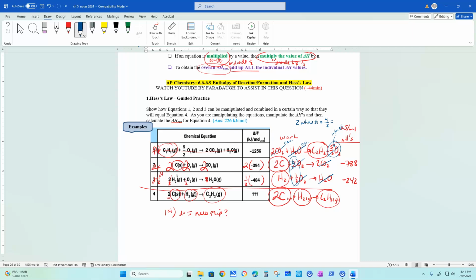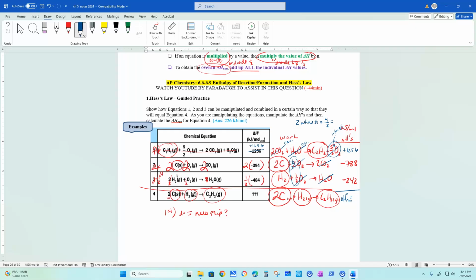So because this equation right here was flipped, well, then I need to flip the sign. So now this is going to become positive 1256. All right. And now we're just going to add them up. So the delta H degree sign, and we'll talk about that little degree sign in the next video. Okay. We're just going to add them all up.